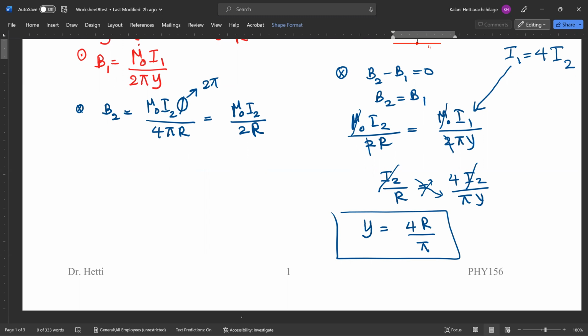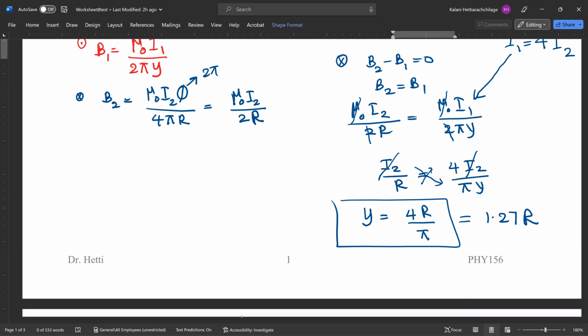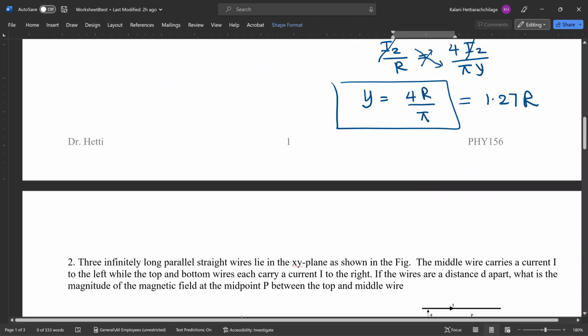If numbers were given, you could calculate it. Since numbers are not there, you can simplify 4 over pi. Pi is 3.14, and that gives around 1.27 r. You can write it in terms of r.